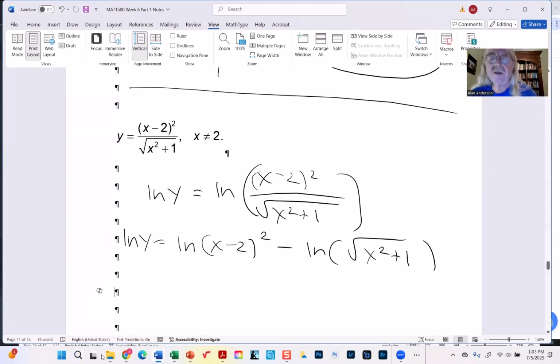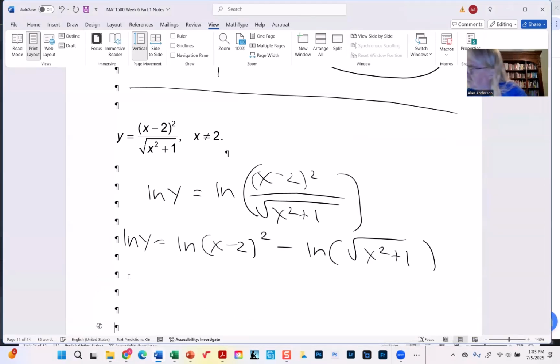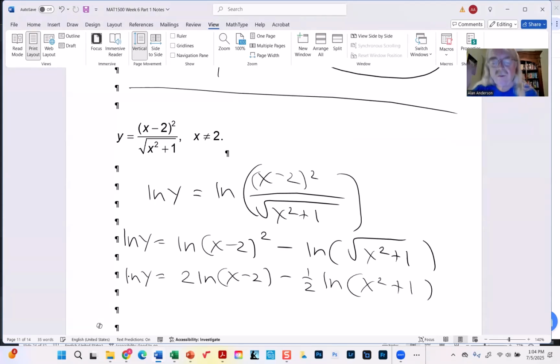And then because we have a couple of exponents here, I could rewrite it as well. Now, of course, the reason why I can do that with the second log, the square root of x squared plus 1, is that it's the same thing as the log of x squared plus 1 all raised to that power. So that's why I could do this.